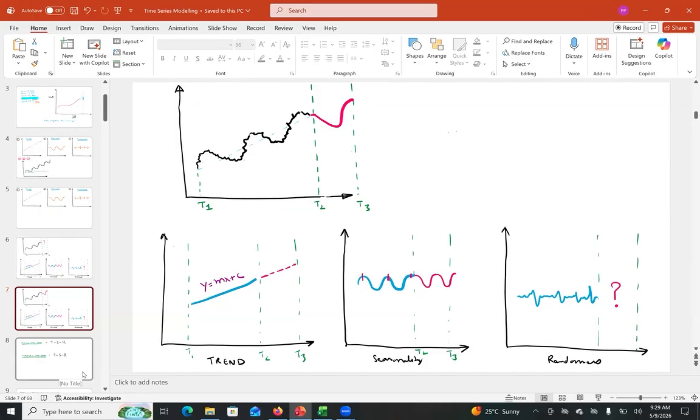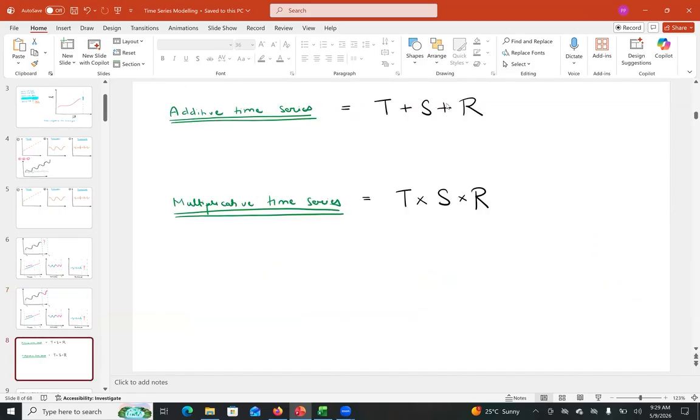If my time series is an additive time series, I'm going to combine the three components together like this. If my time series is a multiplicative time series, I'm going to combine the three components together like this. Both use a different method. So before even starting our regression, we need to make an assumption whether our time series is additive or multiplicative.